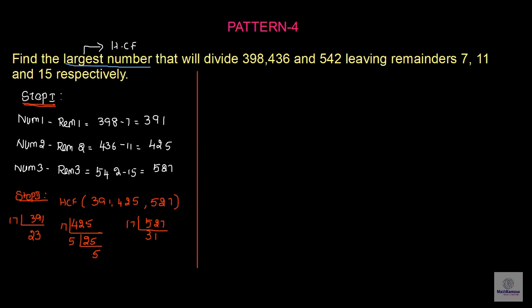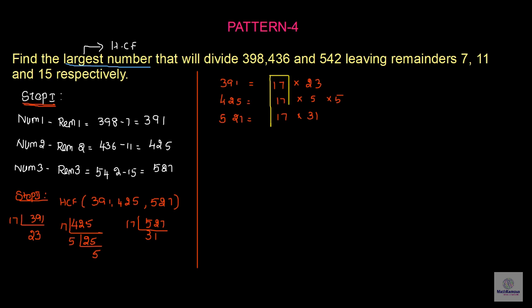So fundamental theorem of arithmetic we can use here, and 391 can be expressed in a unique way as 17 into 23. 425 can be expressed as 17 into 5 into 5. 527 can be expressed as 17 into 31. So, மூணு இடத்துலையுமே நமக்கு common as 17.